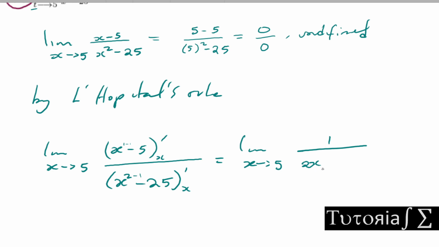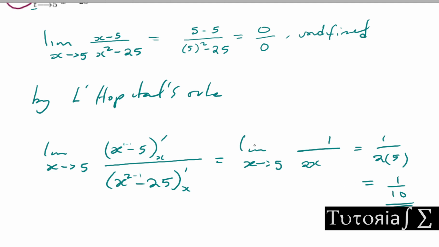So we have 1 over 2x. Then now we plug in our limit. So now we can plug in. That will give you 1 over 2 times 5, which is just equal to 1 over 10 as your answer.